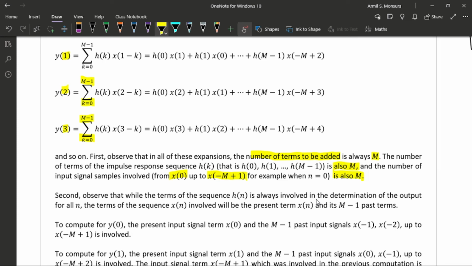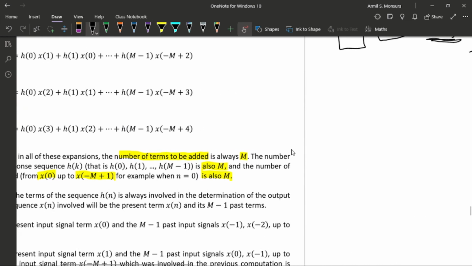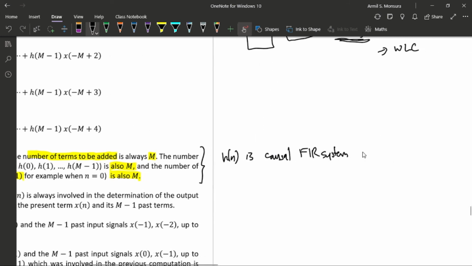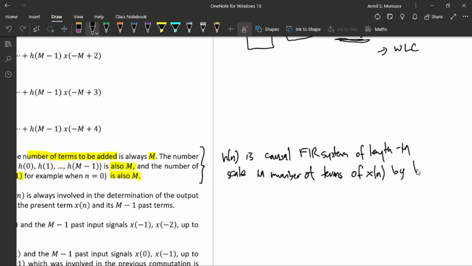So ibig sabihin, in these statements that we made from that observation, if hn is a causal FIR system of length m, what we do is actually scale m number of terms of your input sequence xn by hn.